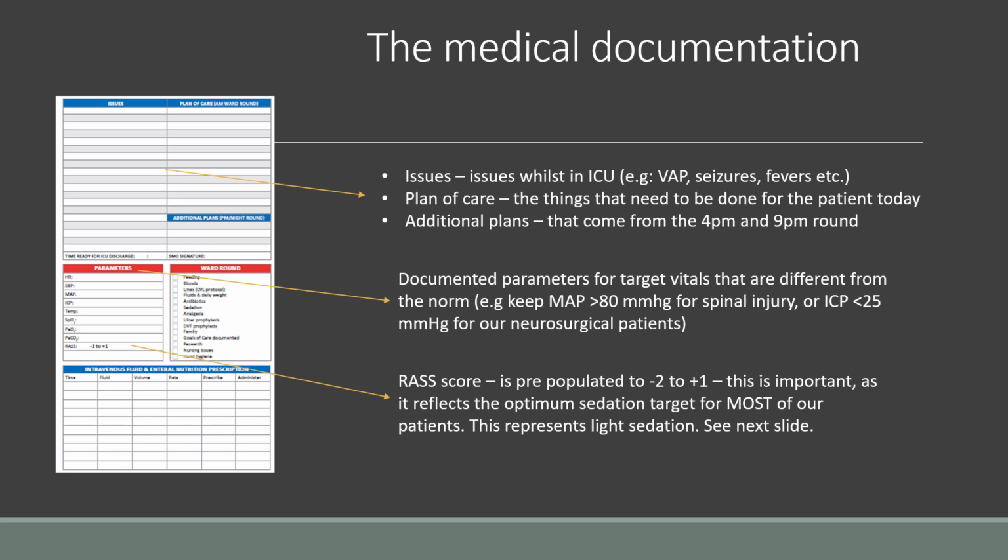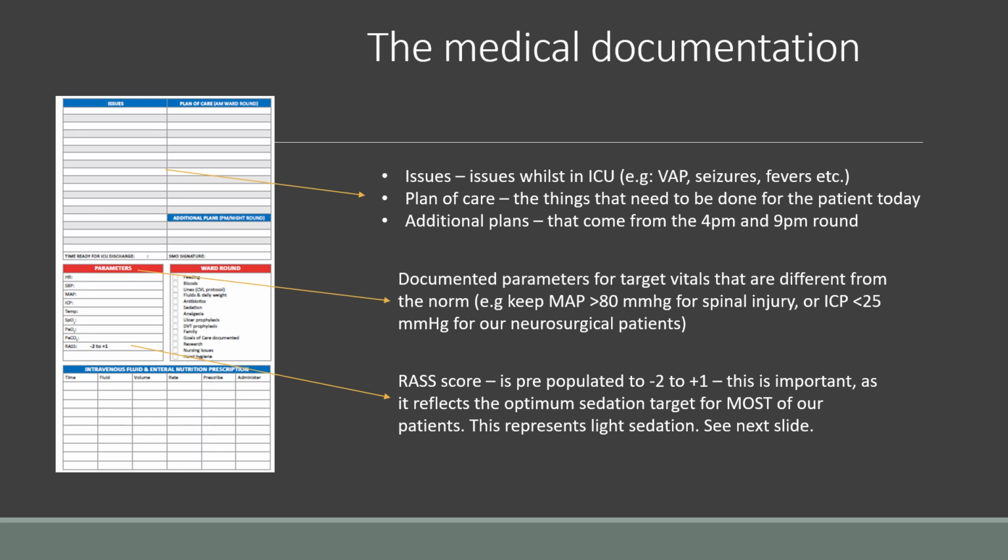Now, the time ready for ICU discharge is something that the ICU SMOs will document. It's one of those reporting elements that's needed for the Australia-New Zealand Intensive Care Society. Don't worry about that. Parameters, obviously, are documented parameters for target vitals that are different from the norm. So normally we keep most patients' MAP above 65.